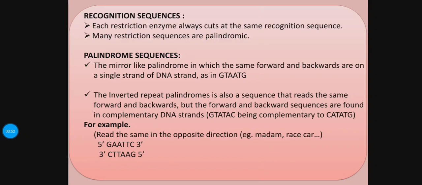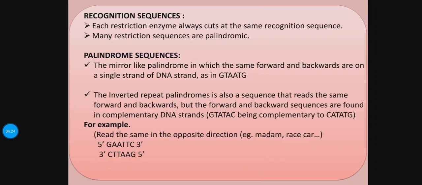Now recognition sequence. A recognition sequence is a specific nucleotide sequence recognized by the restriction enzyme to make a specific cut between the nucleotides, and it results in breaking the DNA into different segments, and each restriction enzyme always cuts at the same recognition sequence. These recognition sequences are generally palindromic in nature.